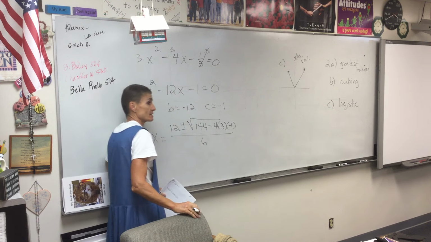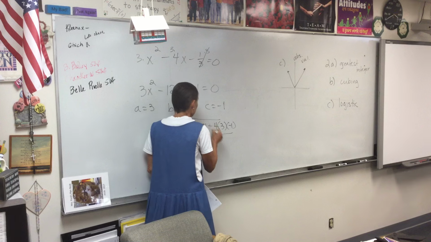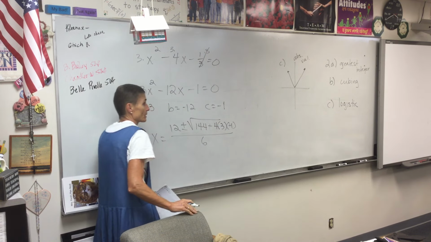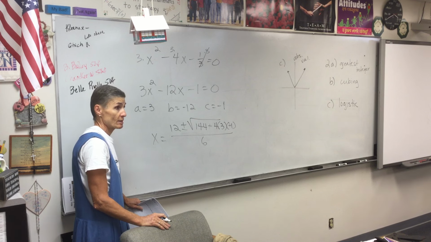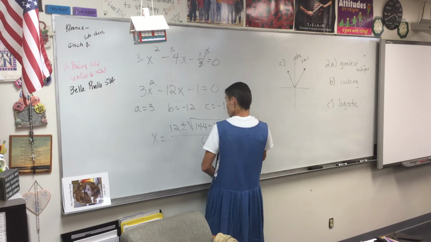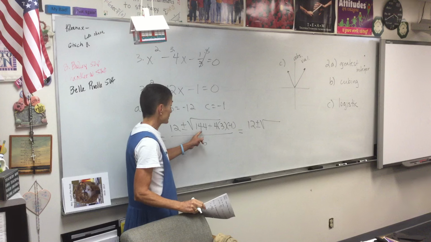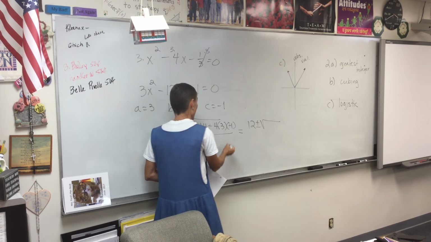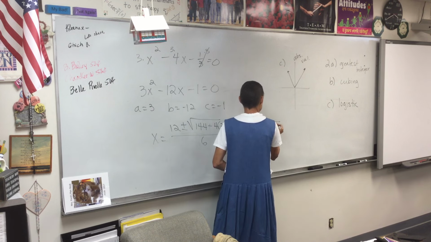I'm grading your tests. There was a question on your tests like this, and there's a lot of arithmetic mistakes. A lot of you didn't pay attention. You have a double negative there sometimes, which means this is going to become an addition. So it's 144 plus 12 or 156.